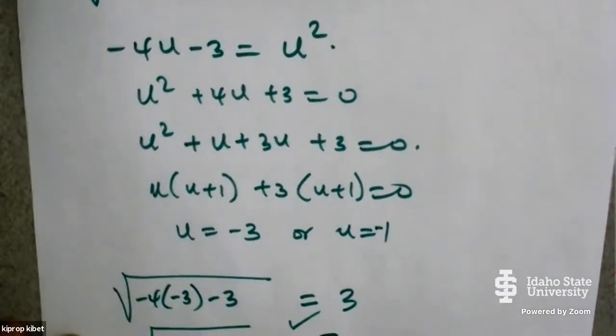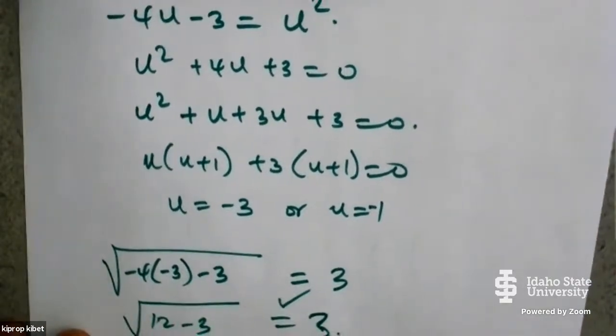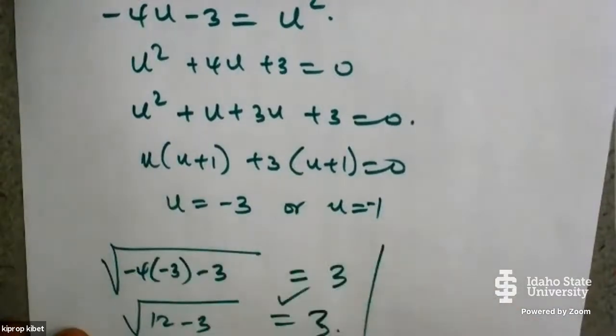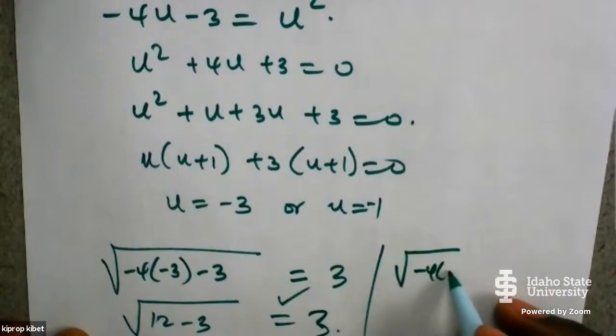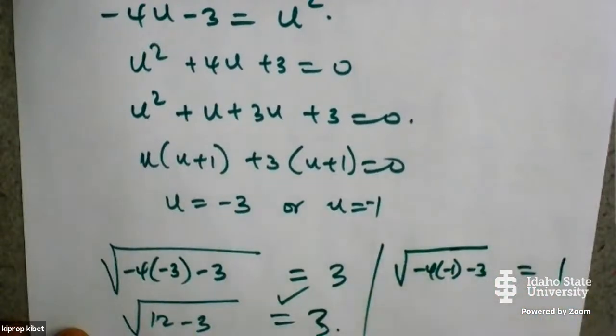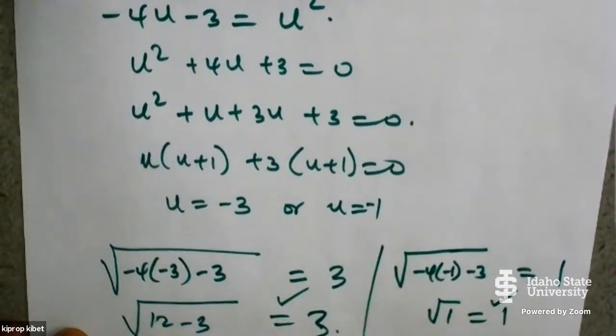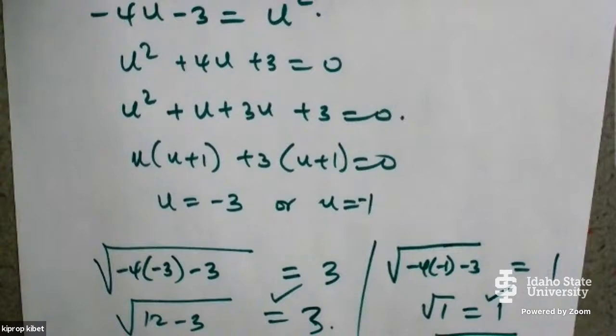The other one: the square root of minus 4 times minus 1 minus 3 equals 1. So this is 4 minus 3, the square root of 1 equals 1. So both of them are valid.